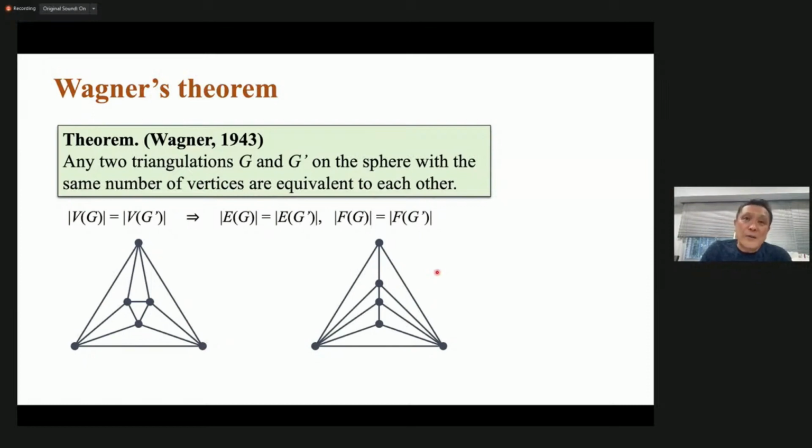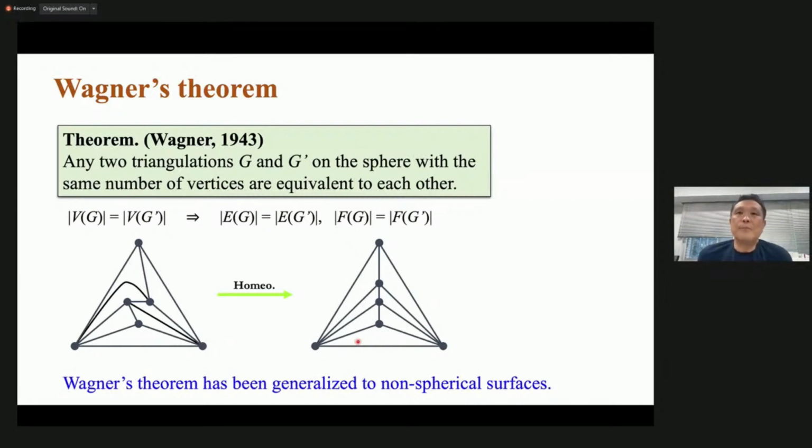We have a demonstration like this. So we move this edge like this. Move this edge like this. So moving the position of these 3 vertices by a homeomorphism on the sphere, we get this. So those 2 triangulations can be transformed into each other.